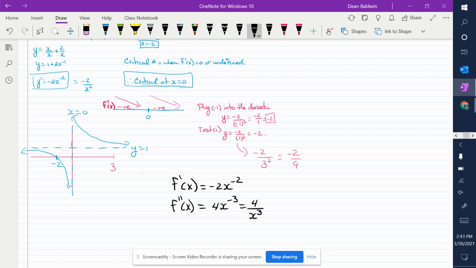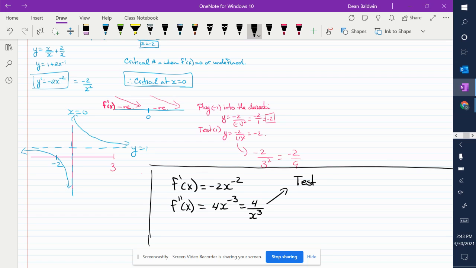All right. I want you to test x is equal to -1 and x is equal to 1 in the second derivative and tell me the sign that you get.